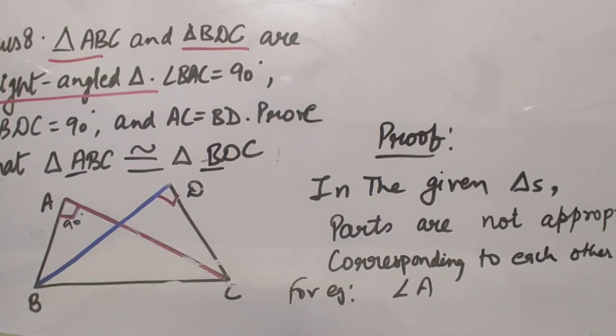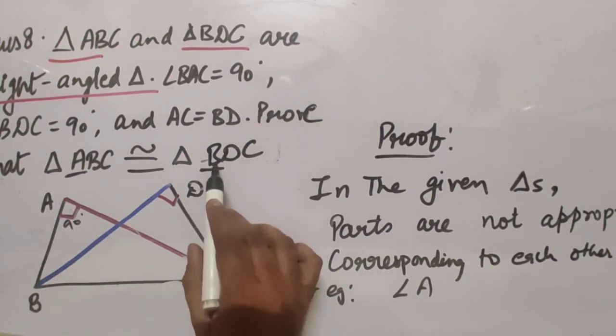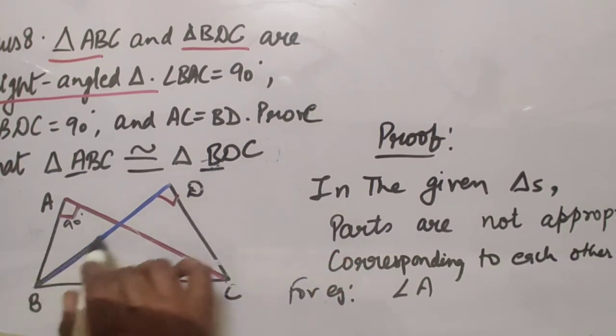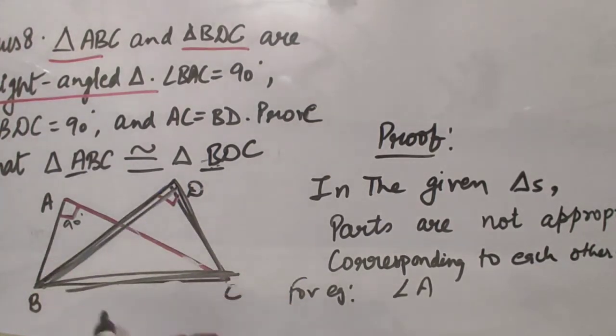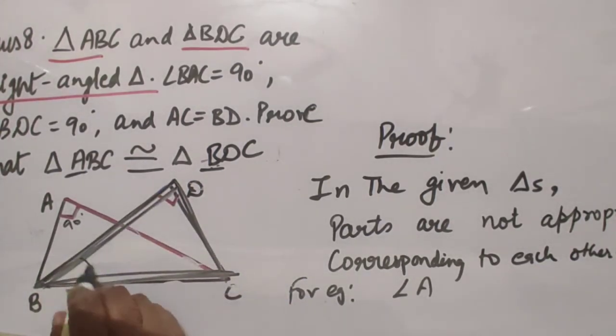But when we go by angle B of triangle BDC, BDC is this triangle, and in this triangle angle B is this only.